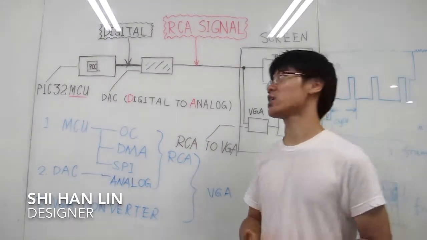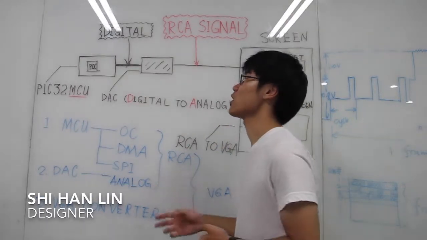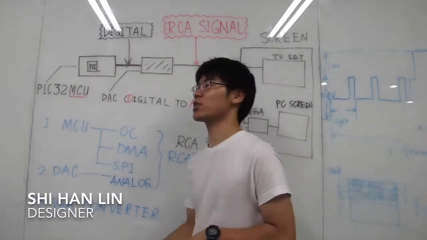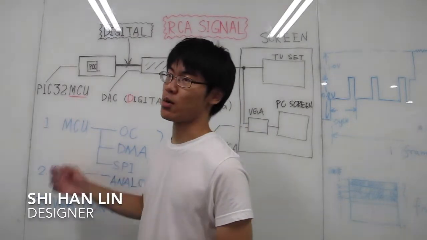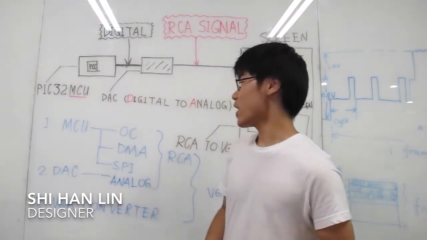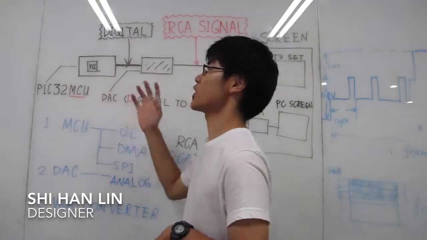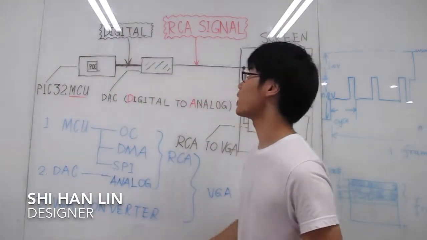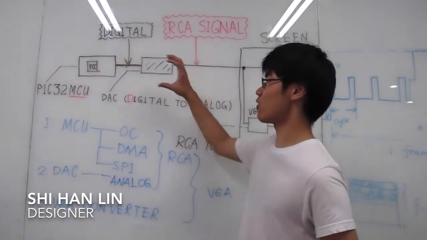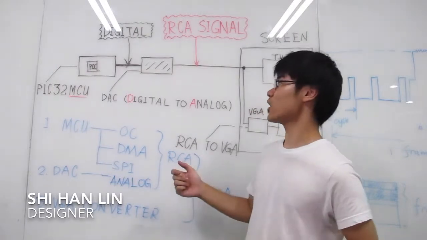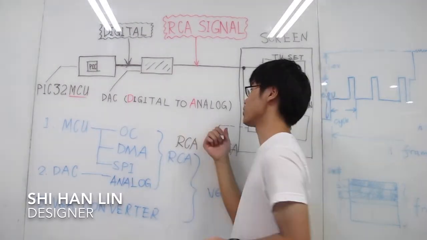Okay, in this part, I will introduce the display system of our project. The display system consists of these following parts. The first part is the X32 MCU, which is the microcontroller we're using. This microcontroller will generate some digital signal, and the digital signal will be converted by a circuit, which we call DAC, which means digital to analog.